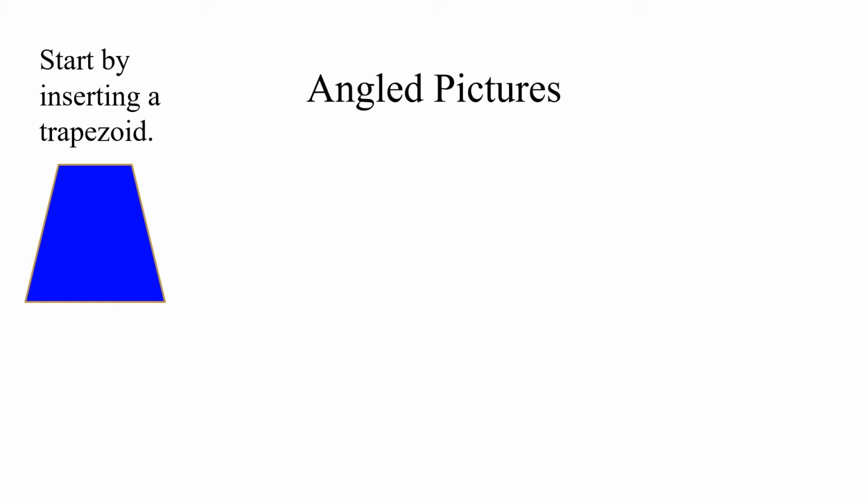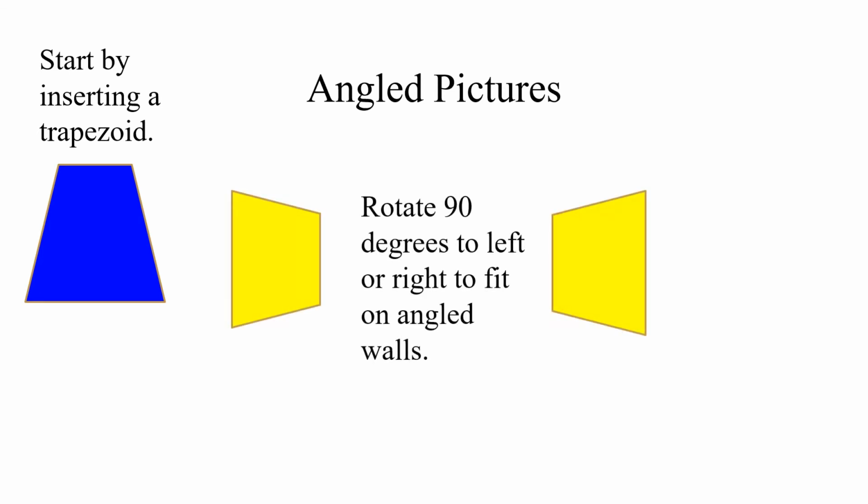To create some angled picture holders, let's start by inserting a trapezoid, and then let's rotate the trapezoid by 90 degrees, either to the right or flip it over to the left in order to take up those angled wall spaces.